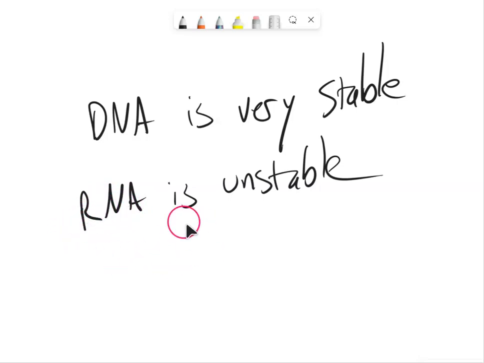So the cell will keep making that protein. But RNA is unstable, so eventually, within a few minutes or hours, that messenger RNA will disappear and the cell will stop making that protein. That means the cell doesn't get stuck making the same protein forever. It knows, okay, for the next hour I'm going to make this protein. After that I can choose a different protein.